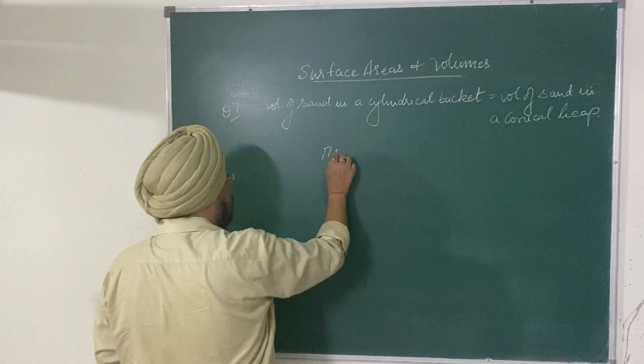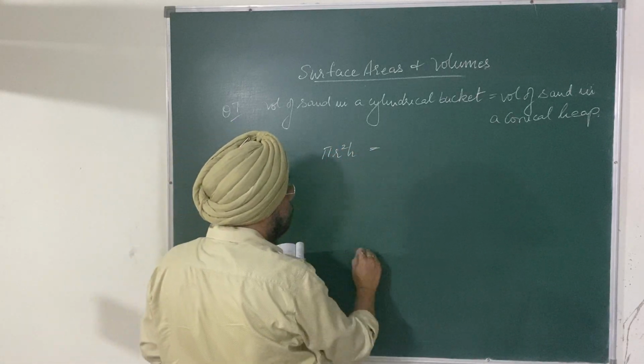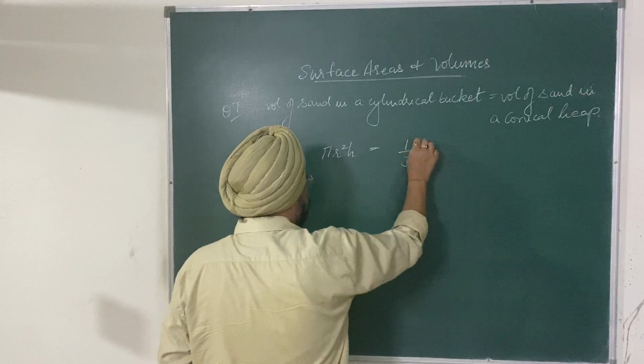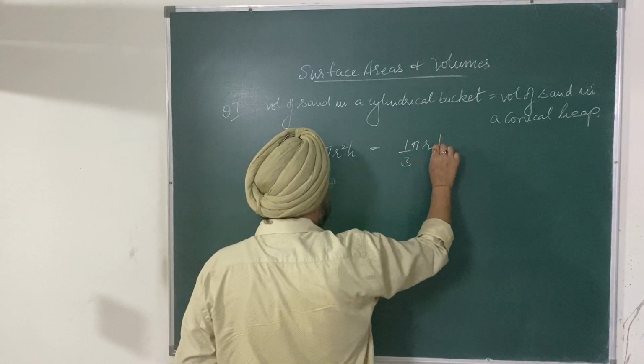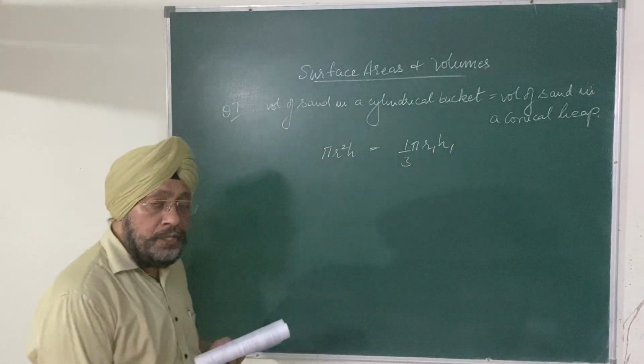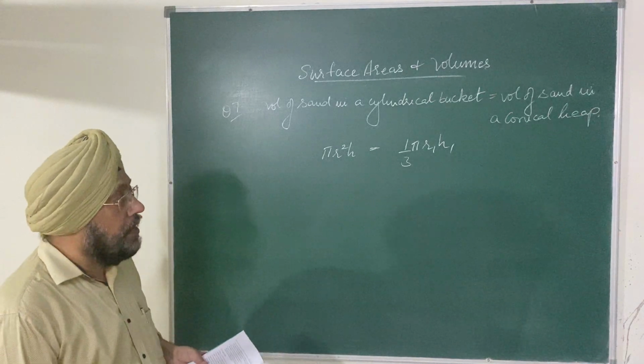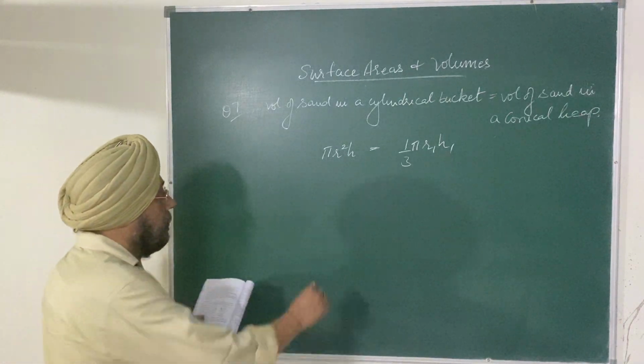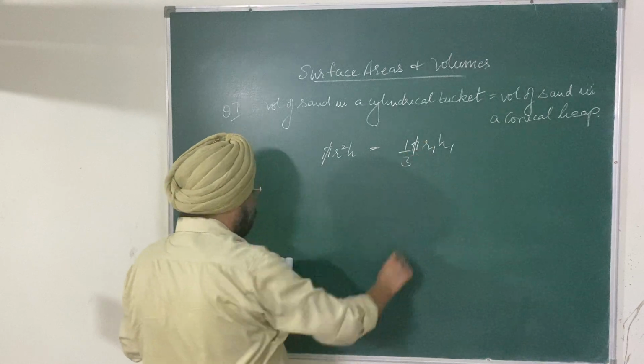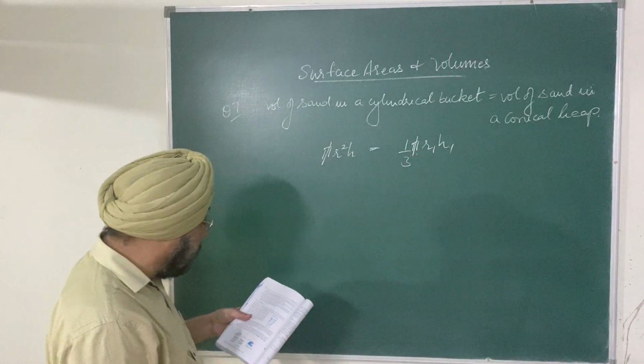So this is pi r square h must be equal to 1 over 3 pi r1 square h1, where r1 and h1 are the radius and the height of the conical heap. So let's cancel pi with pi. Now substitute the value of the cylindrical bucket.